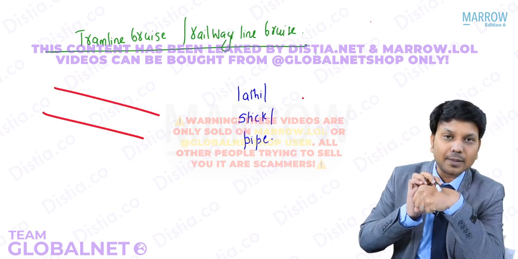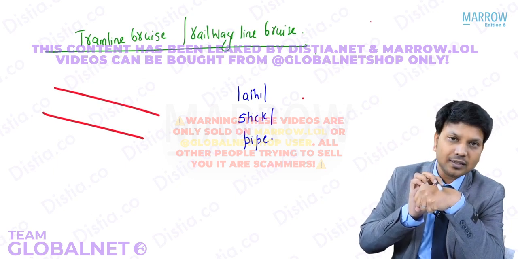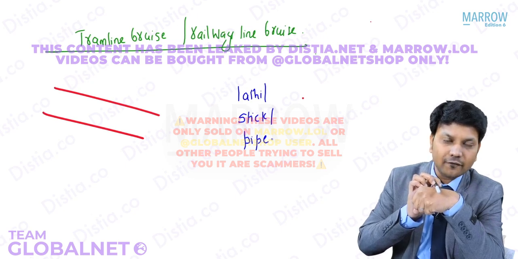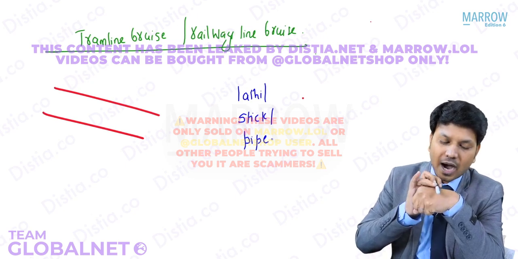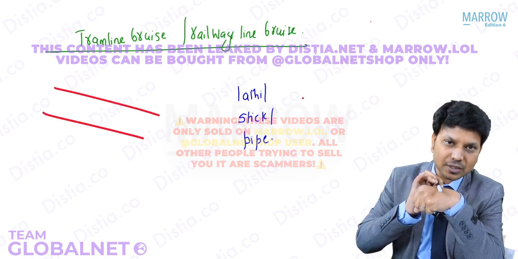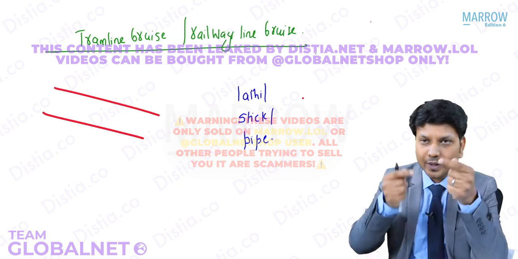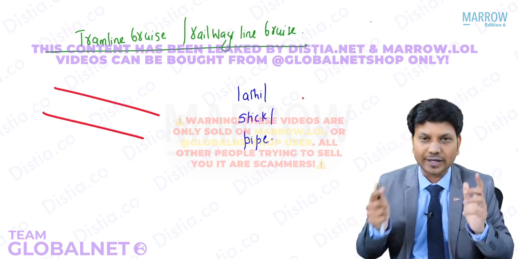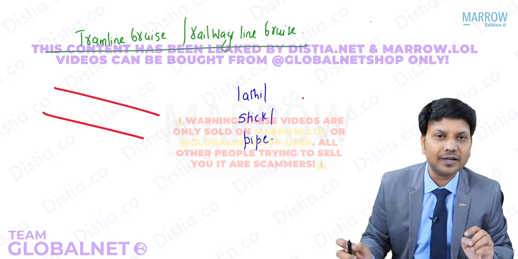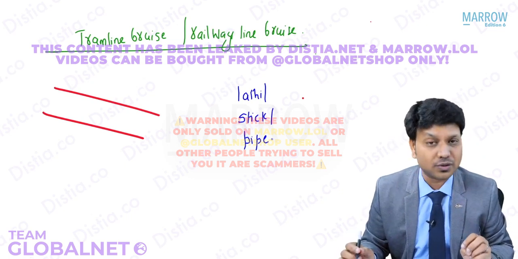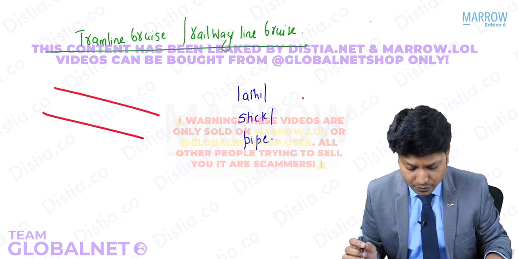The part of the skin where the stick was compressing will be completely pale. Adjacent to that, on either side of the stick, the vessels will get ruptured. You will get bleeding in that area. You will get two lines. I'll show you the figure for that. So now you remember, this is called tram line bruise, also called railway line bruise.